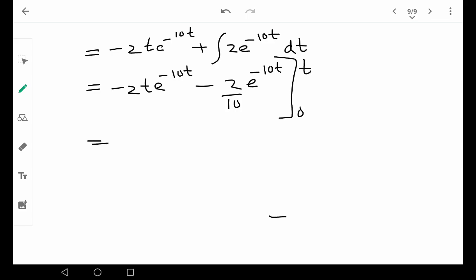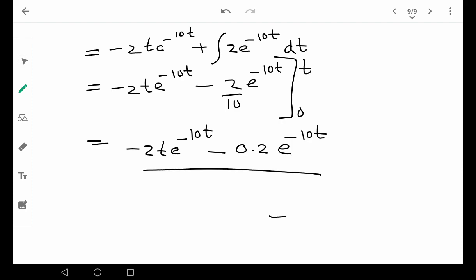So the first term, you can say it is minus 2t e raised to minus 10t minus 1 by minus 0.2 e raised to minus 10t, right? That's the answer for the current. Okay, that's how you do the problem.